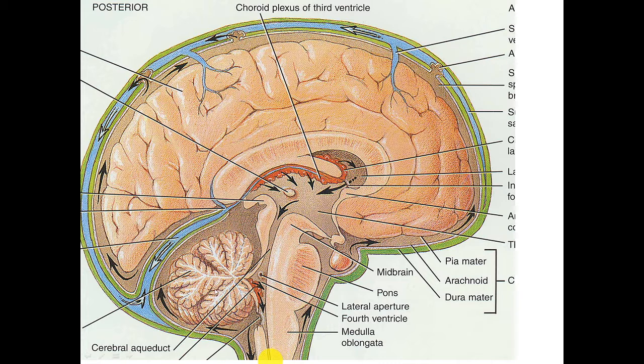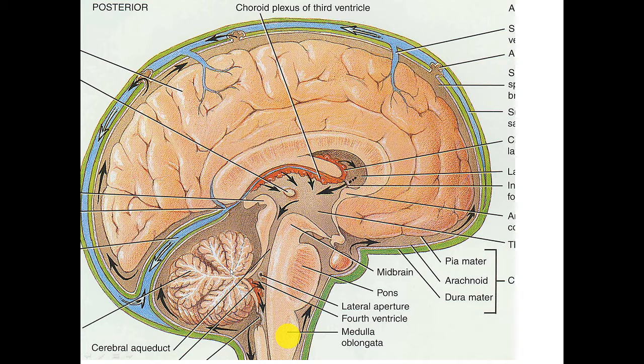This diagram doesn't show it, but the medulla oblongata ends, and down at the bottom, the brainstem will turn into the spinal cord. So you need to know the pons, the midbrain, and the medulla oblongata. The midbrain is the top, the pons is the lump, the lower lump is the medulla oblongata.